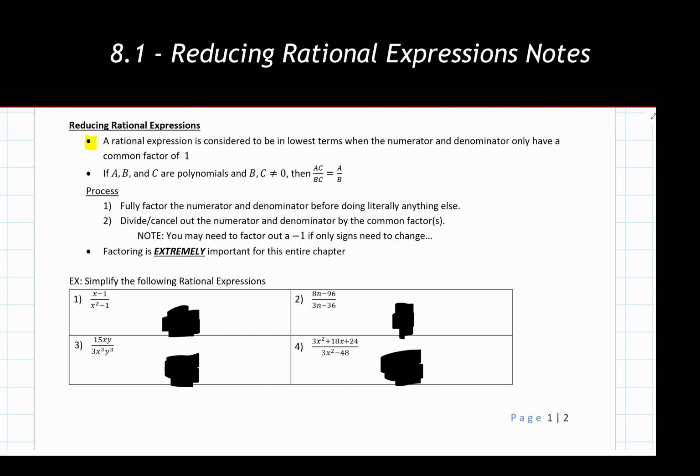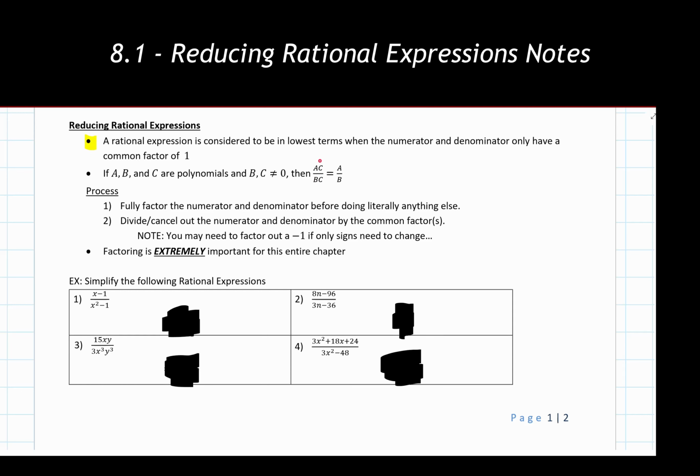So if we look at a quick general example of this, if we have a, b, and c as polynomials, and b and c in this instance are polynomials that do not equal 0, then if we have a starting expression here, where we have the polynomial a times the polynomial c in the numerator spot, the polynomial b times the polynomial c in the denominator spot, and we look to reduce these things down, we notice, well, both of these have a c in the numerator and the denominator spot.